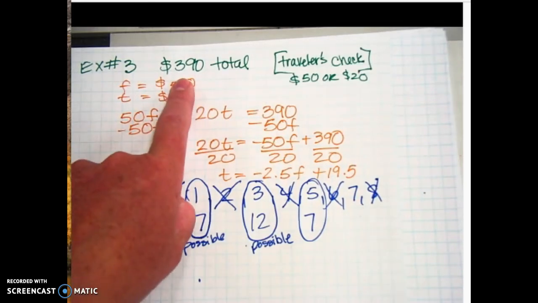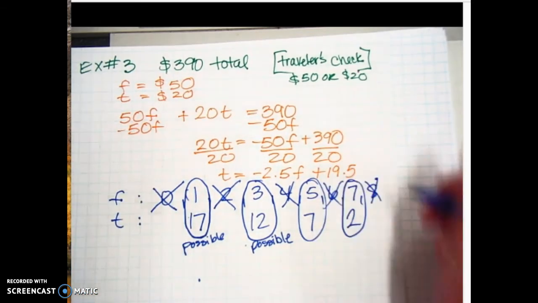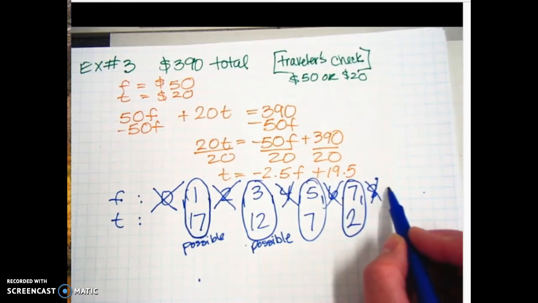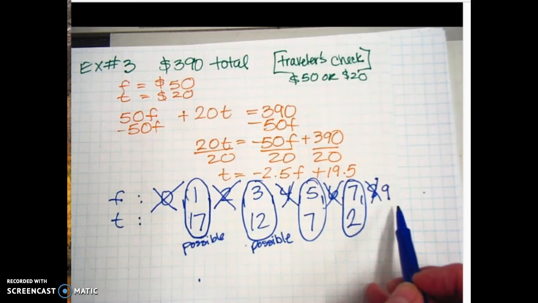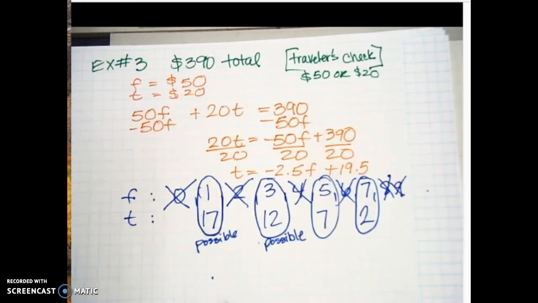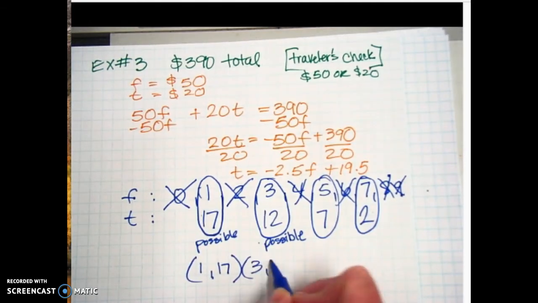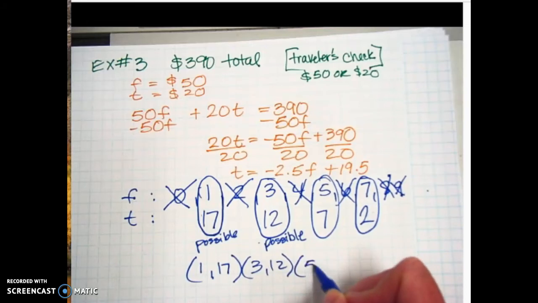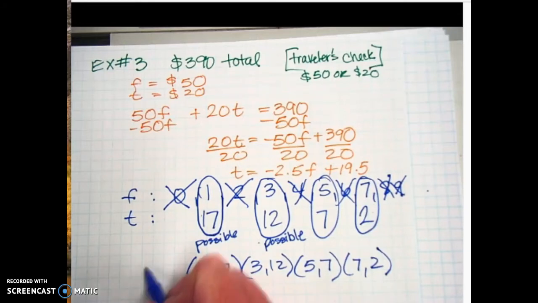So if you subtract 350 from 390, what does that leave you with? 40, so that's how many 20s? 2. What if we try 9? 9 50s gets you to 450, so that's too high. So our possibilities are 1 and 17, 3 and 12, 5 and 7, and 7 and 2. These are the only possibilities.